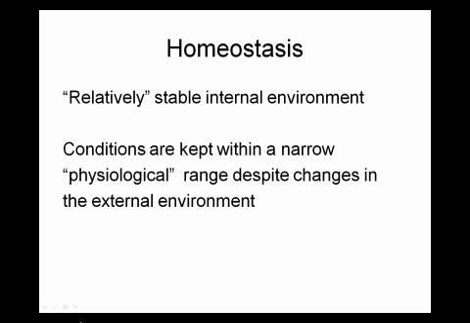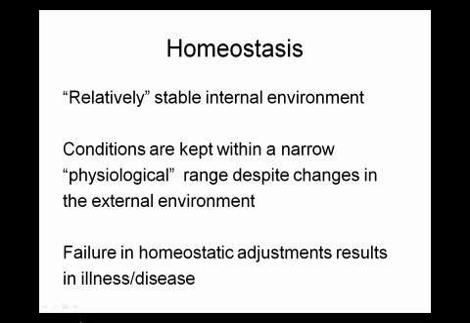And so changes can take place in the environment, and the organism attempts to respond to these changes to keep various things in this physiological range. This could be body temperature, blood pH, oxygen concentration, many things that must be kept within some narrow ranges. Failure in these homeostatic adjustments results in various illness or disease.